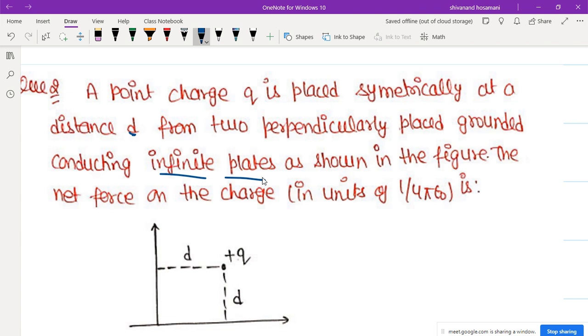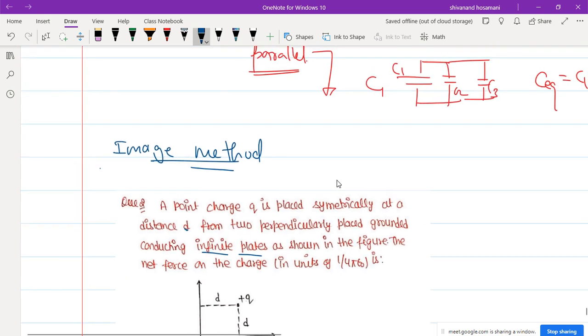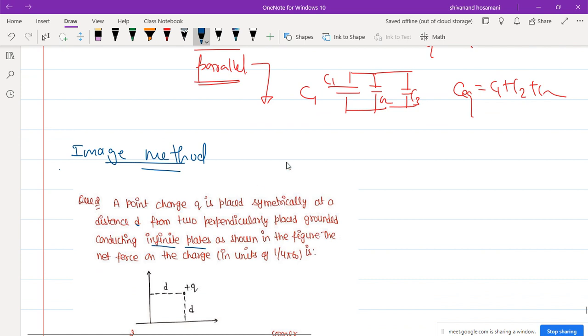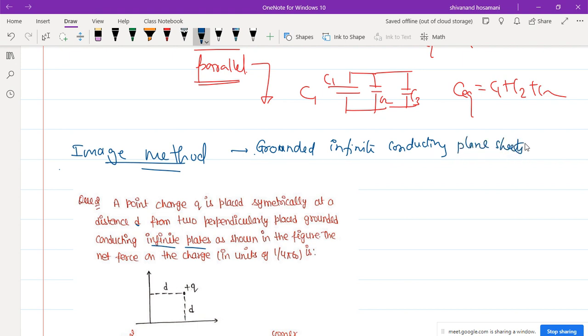This image method is applied for grounded infinite conducting plane sheets and point charge. So it depends on this.